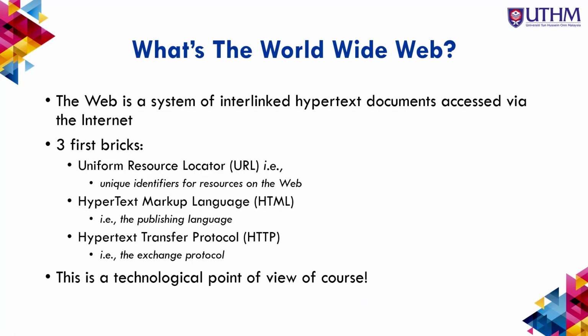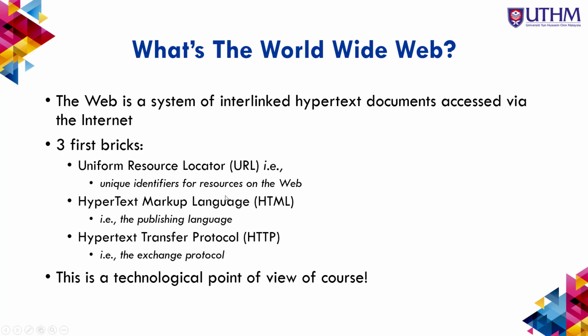Okay, let's see what protocols are involved in all of these things. We have 3 things that we need for the web. The first one is the URL, the Uniform Resource Locator, or a website address, for example, uthm.edu.my.